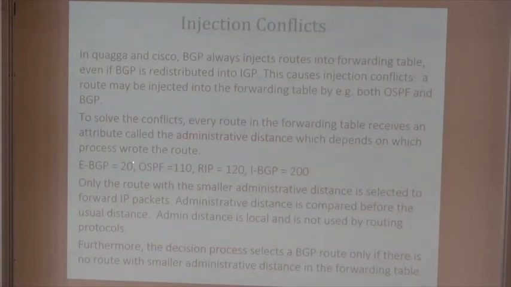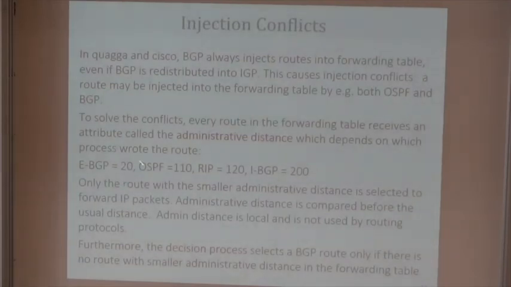Administrative distance is simply a number saying which protocol wrote this route into the forwarding table. Here we have seen a case where there are two protocols that can write it, BGP or OSPF, and the administrative distance makes a difference whether it's learned from an internal route by iBGP or by eBGP. It is in fact a priority value.